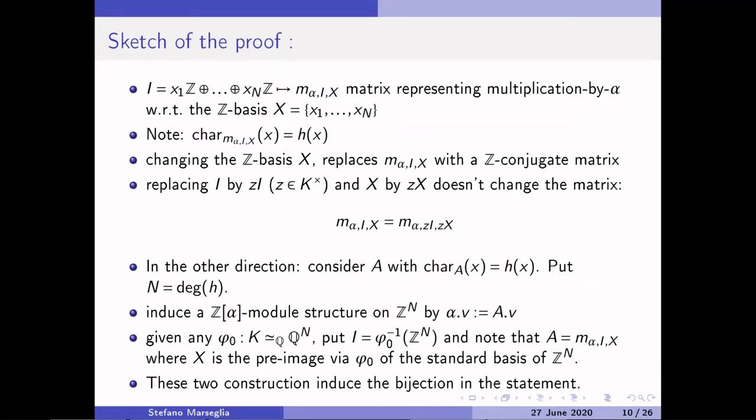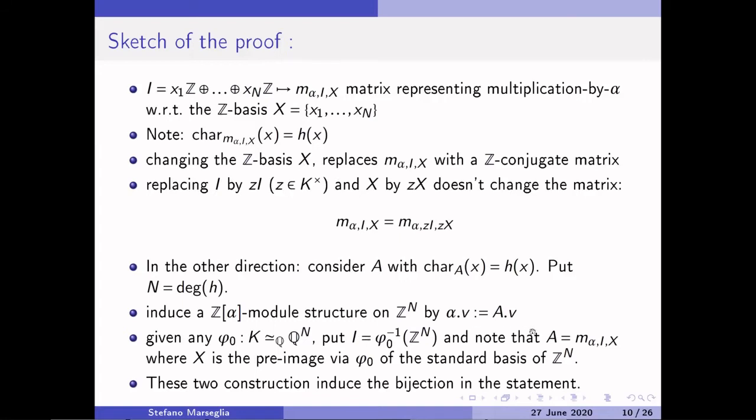Second, we pick any isomorphism of Q vector spaces. K is a Q vector space of dimension equal to the degree of the defining polynomial, and so we pick any isomorphism between K and Q^n. And we define I to be the pre-image of this free abelian group via this chosen isomorphism.